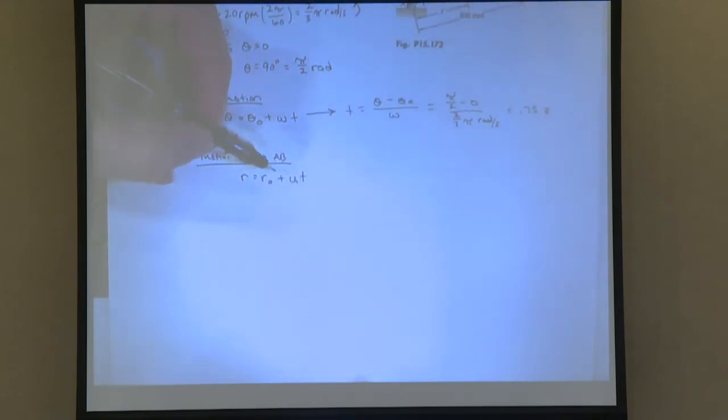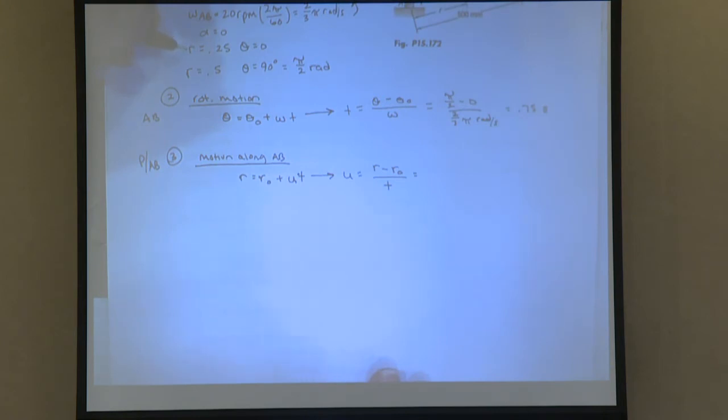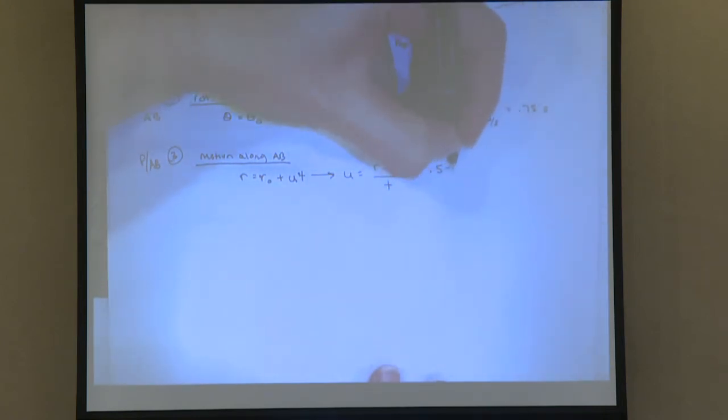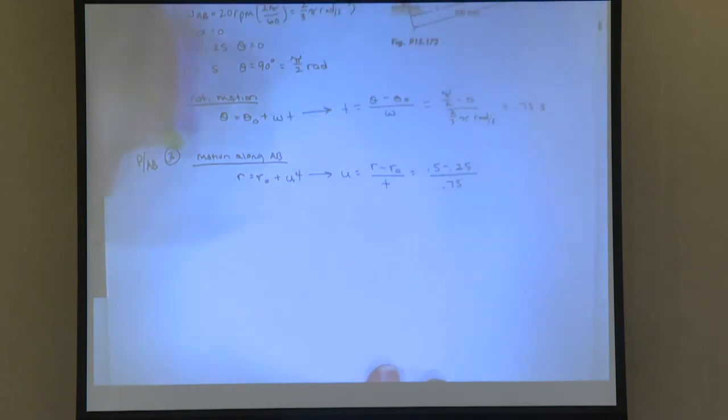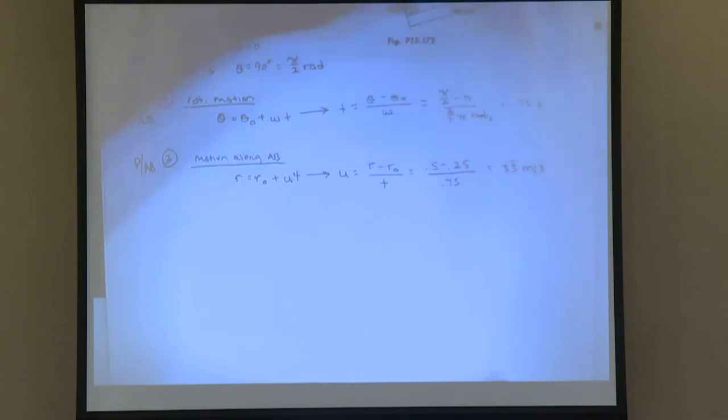Do you see how similar this equation is to this one? Very similar. So we know r, we know r naught, and we just found time, so we can find u. So u is going to equal r minus r naught divided by t. So that is 0.5 minus 0.25 divided by 0.75, which gives you 0.3 repeating meters per second.